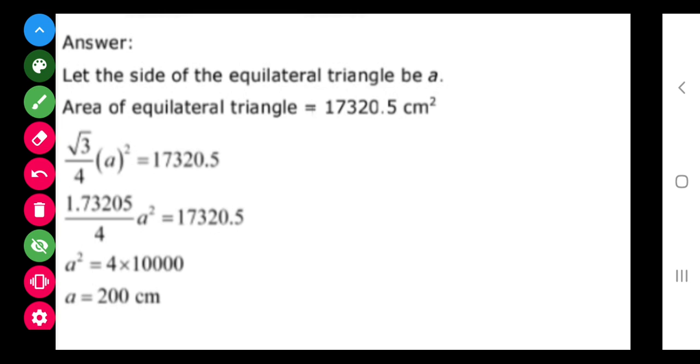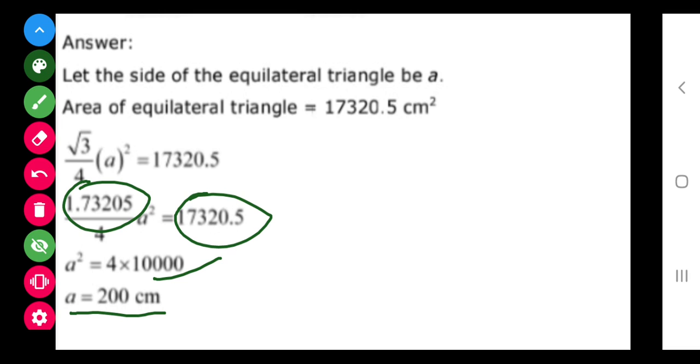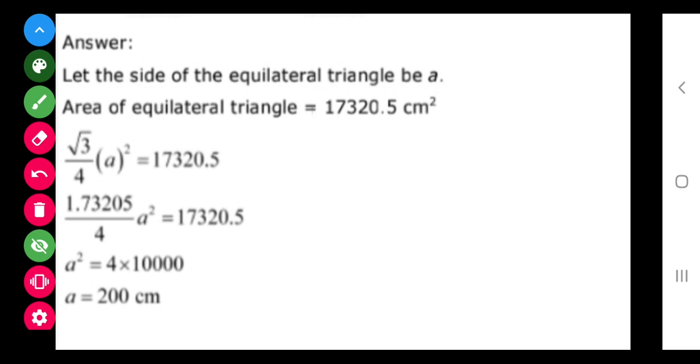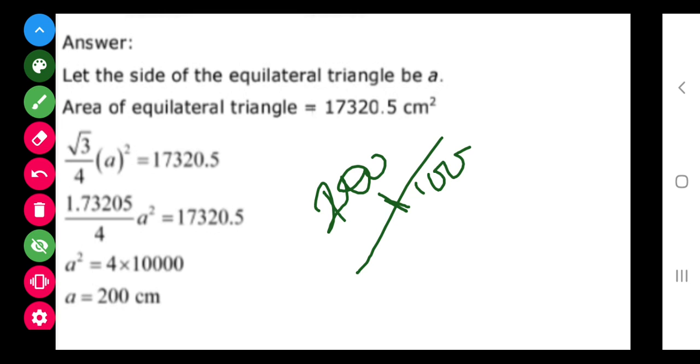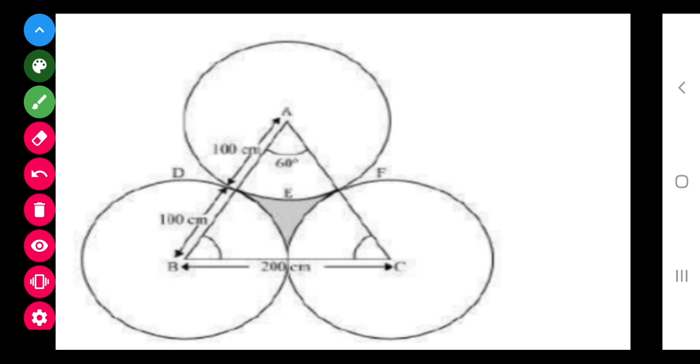On solving, multiplying this by 4 and dividing, you will get this. Because this is the same, only if we remove the point and solve, we will get 10,000. Now on taking the root on both sides, we have got 200. So we have got the side as 200. So what will be the radius? Radius will be 100.